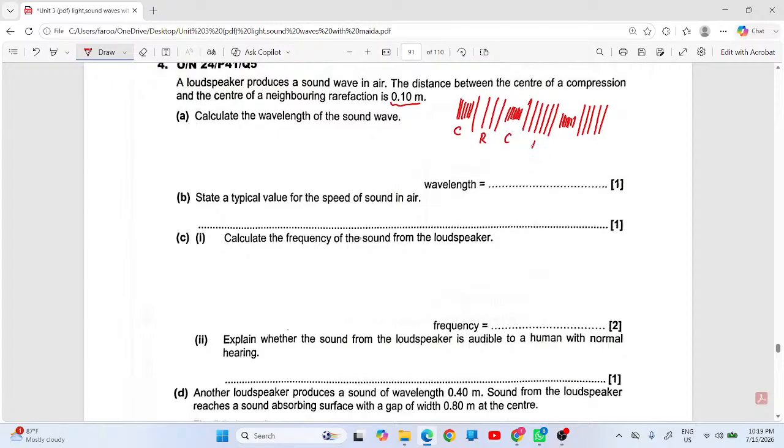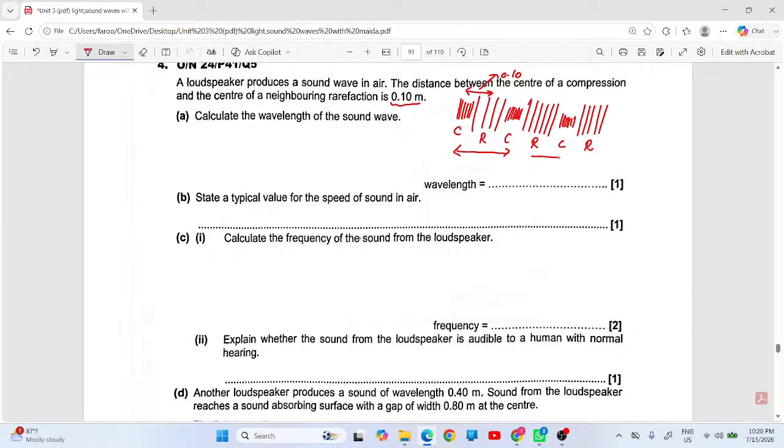The distance from the center of a compression to the center of a neighboring rarefaction is 0.10.